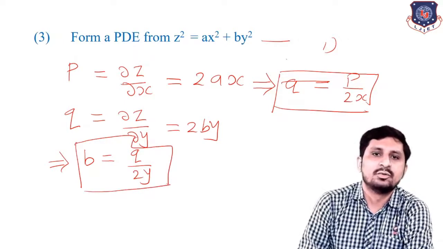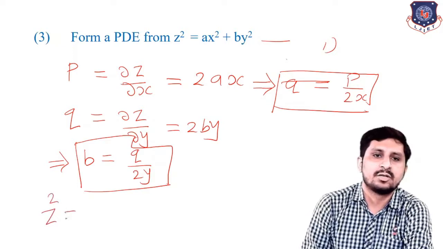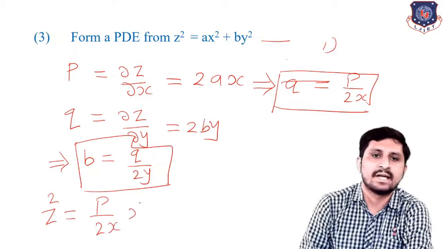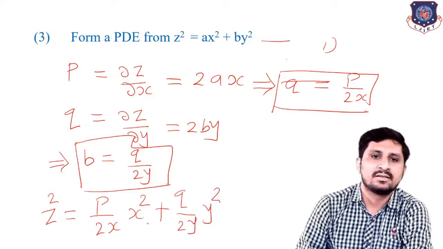Now put these two values in equation 1. So z square is equal to, instead of a, p by 2x into x square, plus instead of b, q by 2y into y square. So here x cancels out, x square upon x, and here also y square upon y.